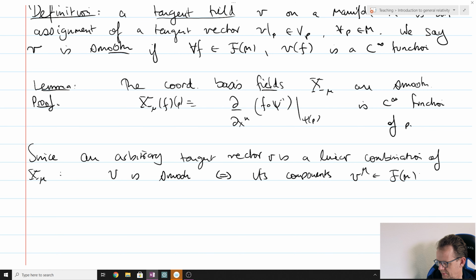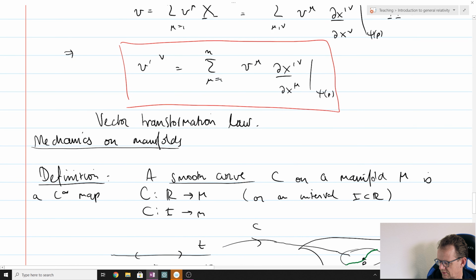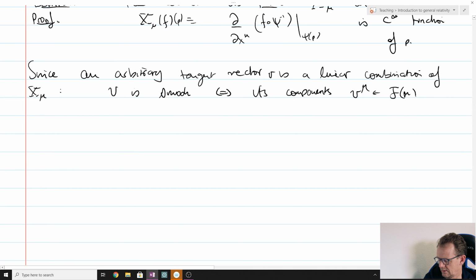So we've pretty much built everything up now to talk about a rudimentary form of mechanics on manifolds, right? We've got the notion of a tangent vector field, and we've got the notion of a smooth curve. So with it, we can define a velocity field. A velocity field is just a tangent vector field.